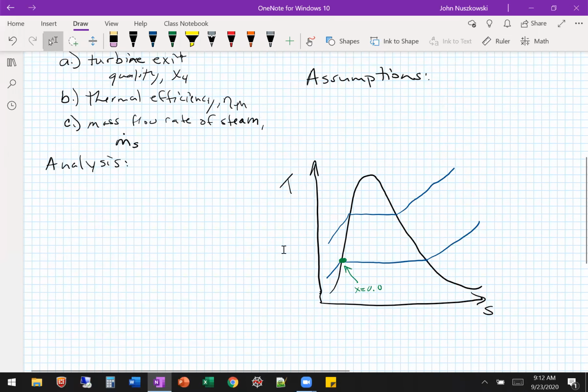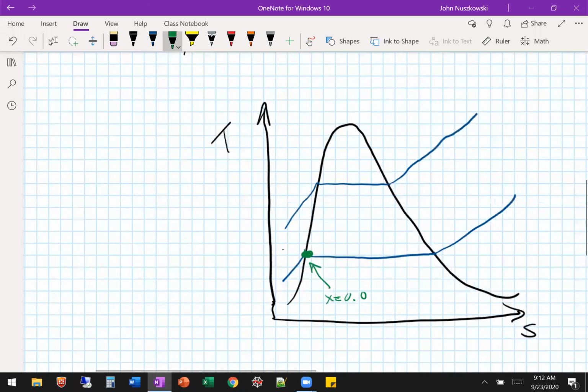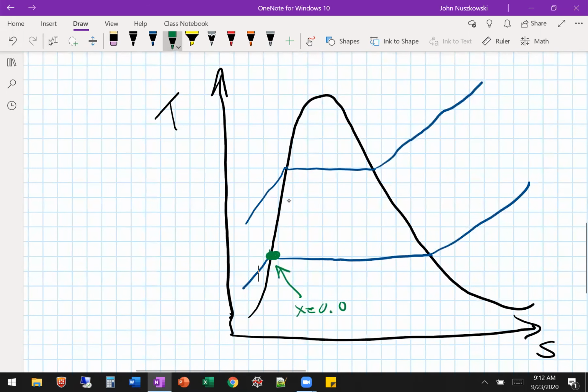Then if we're isentropically compressing in the pump, raising the pressure, that would get us to 2S, right?